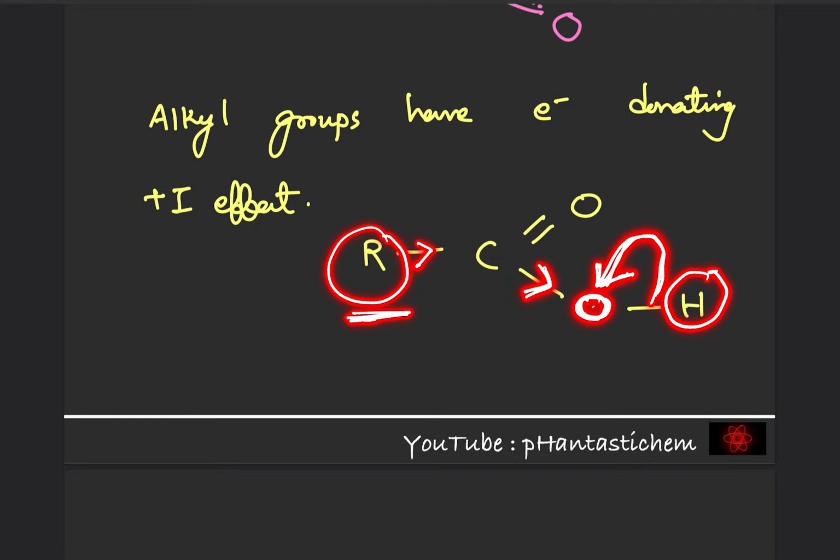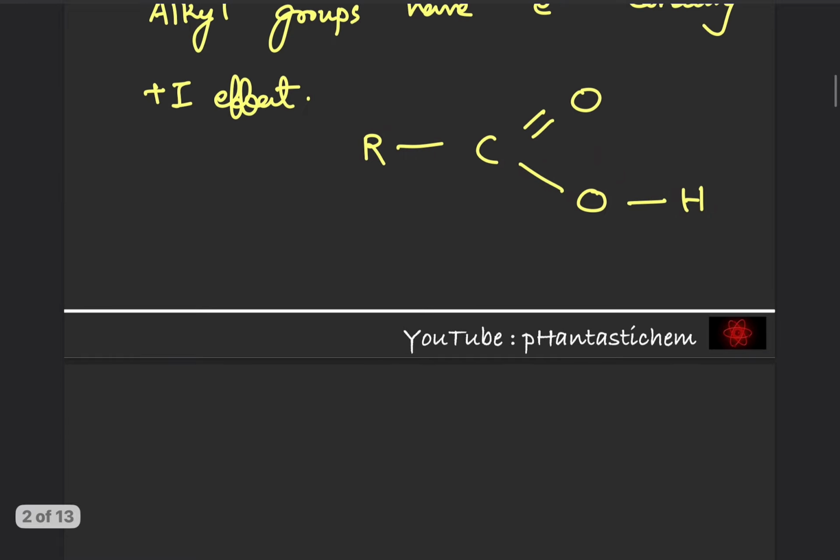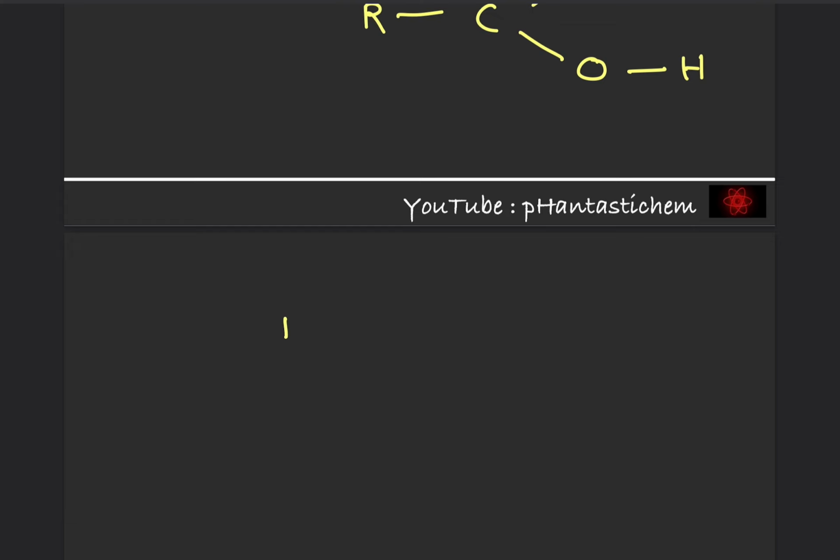Or we can understand it this way: an alkyl group, which is an electron donating group, decreases the stability of the resonance hybrid of the carboxylate ion. So electron donating groups, or alkyl groups, increase the electron density, as we have discussed earlier.